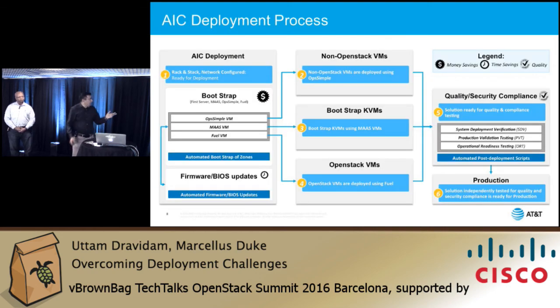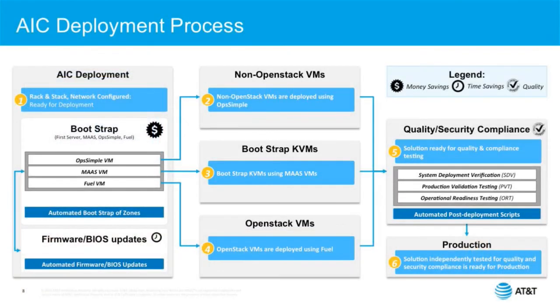And this is a high-level deployment process. We enable how the configuration runs from the bootstrap, how the BIOS are updated, and how we deploy the non-OpenStack virtual machines to handle our other functions, such as the inventory systems and the bootstrap, the KVM servers, and then deploy OpenStack.